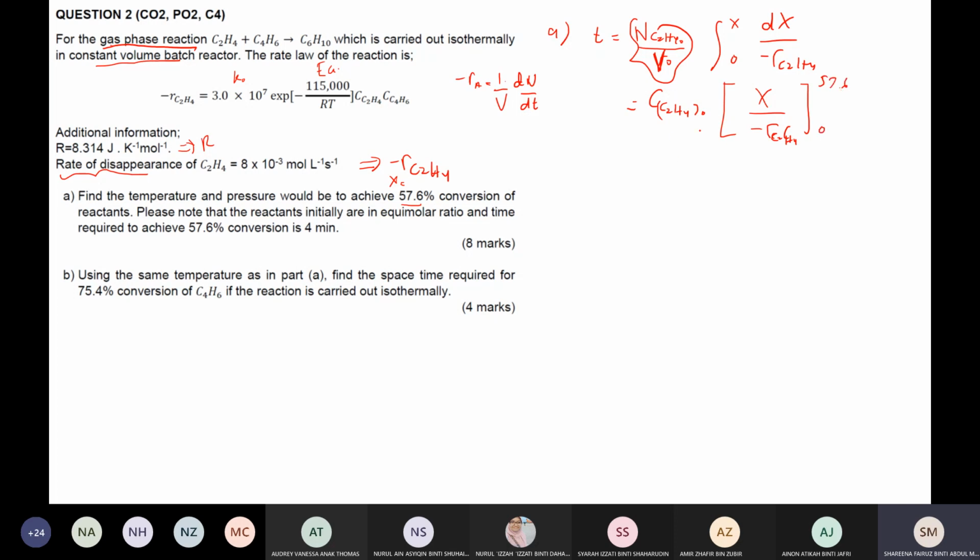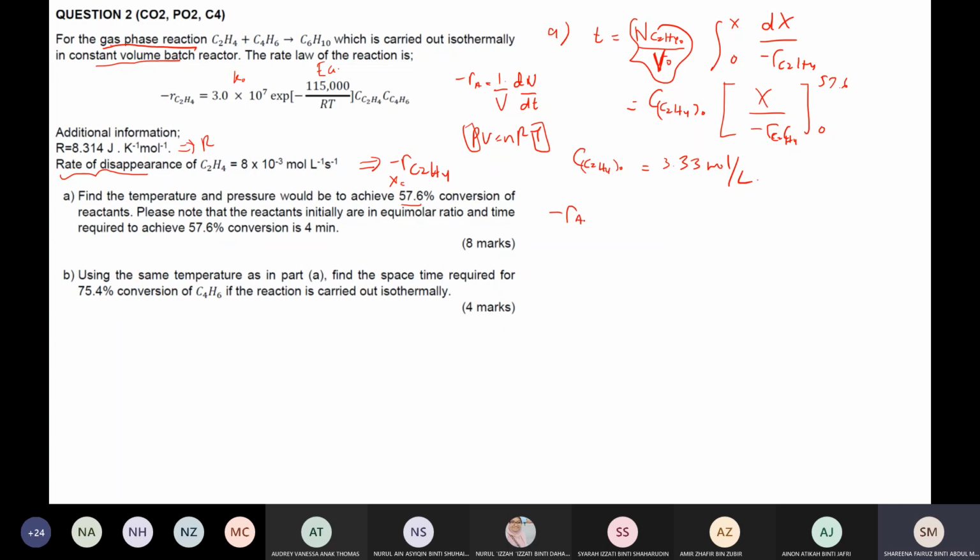Okay, so CN0, yang this one kita kena carilah dulu. So daripada situ you akan dapat C2H4 naught is equals to 3.33 mole per liter. You tak boleh dapat direct daripada PV and RT sebab dia tak given pun what is the value of P dengan T. That's why you kena start dengan sini dulu.